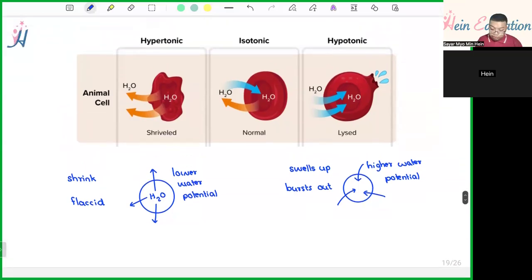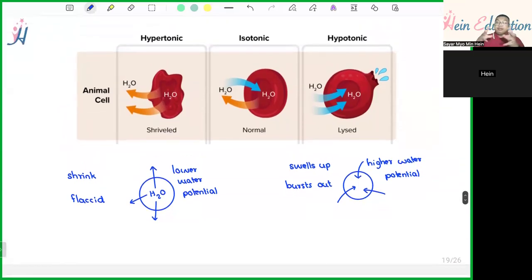In summary, for animal cells, when we put them into distilled water or a hypotonic solution, there is a higher water potential outside of the cells than inside. So the water enters the cells by osmosis and the cells swell up.